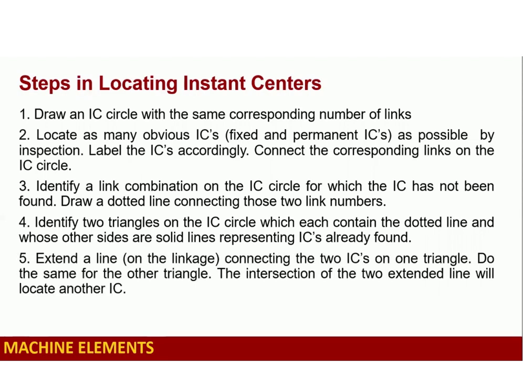Extend a line on the linkage connecting the 2 ICs on the triangle. Do the same for the other triangle. The intersection of the 2 extended lines will locate another IC. You may repeat these steps until all ICs are found.